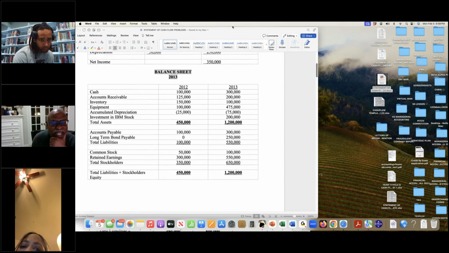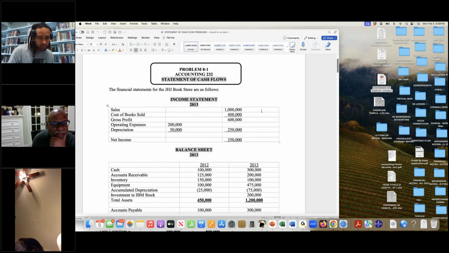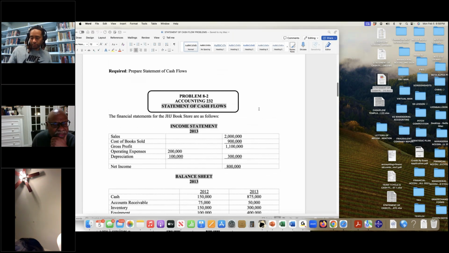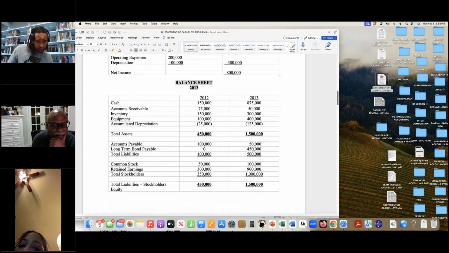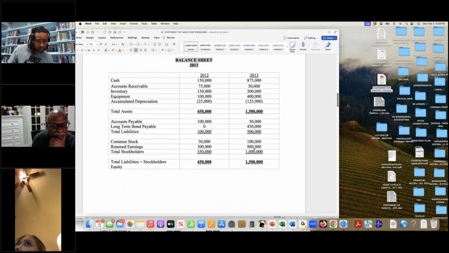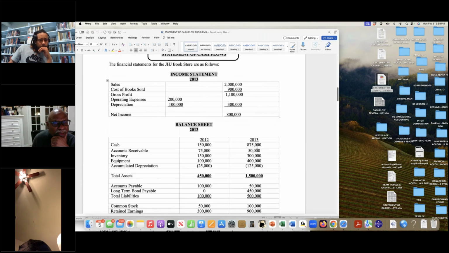Okay, one had a net income of 350. Two had a net income of 800,000. No, I'm not trying to say what the net income is. I'm saying it doesn't have the retained earnings on there, like the net loss. I don't know. Never mind.